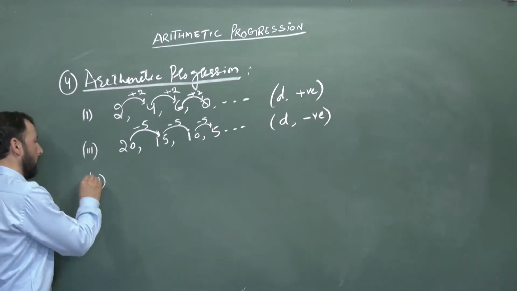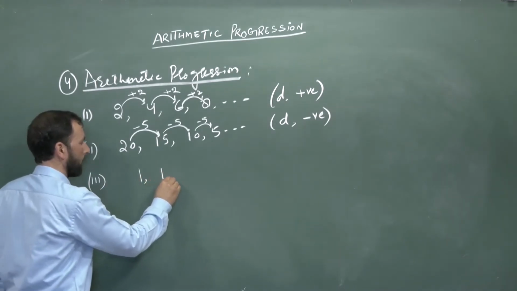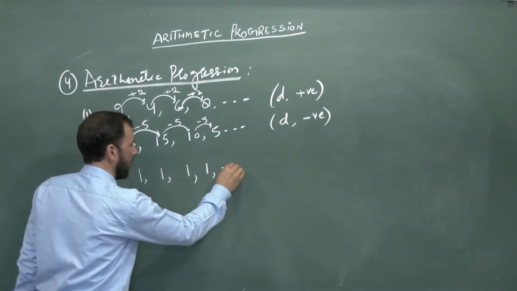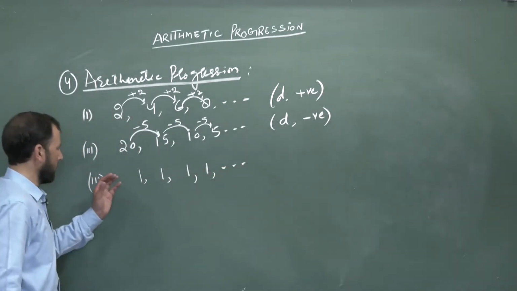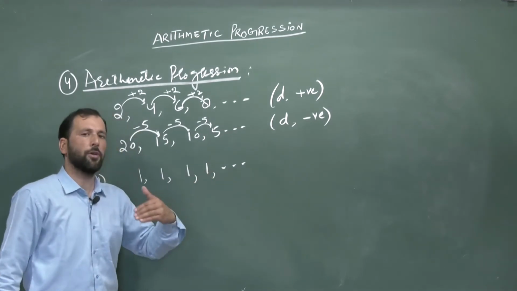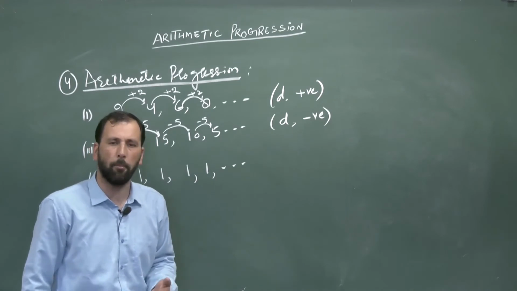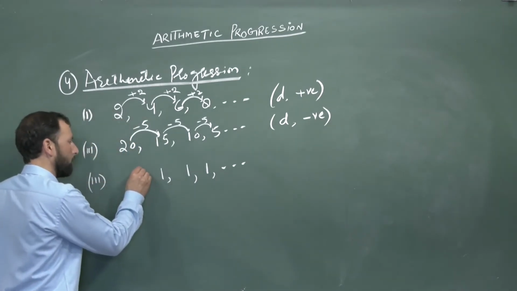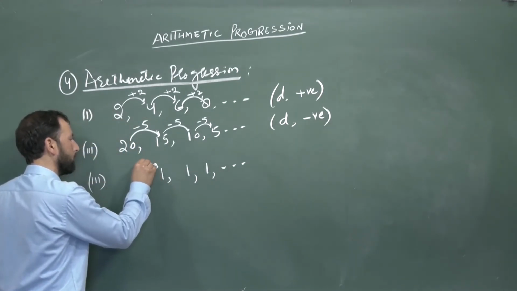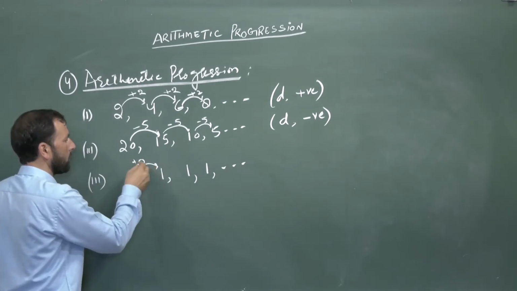Now the third one is here. If we take an arithmetic progression like 1, 1, 1, 1 and so on, yes, this is a list of numbers in which each term is obtained by adding a fixed number. What is the fixed number here? If we add 0 to 1, we get the next term, that is 1.